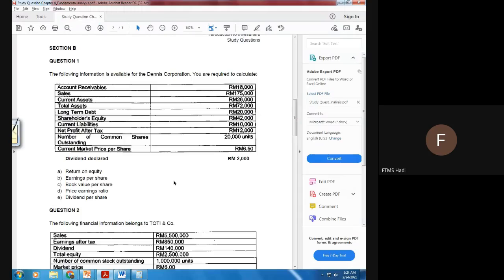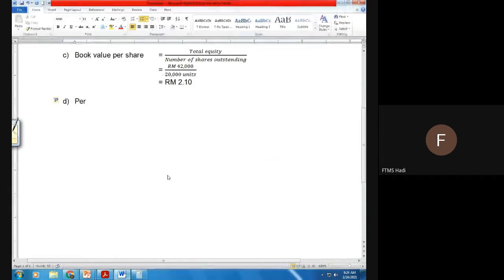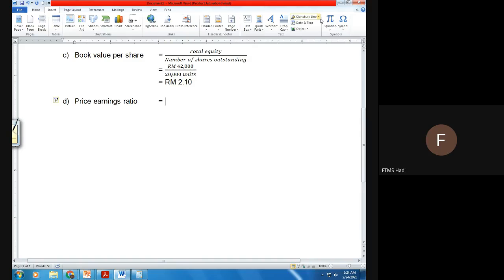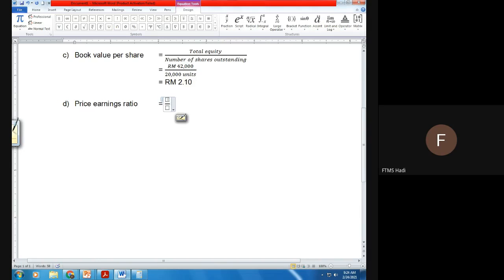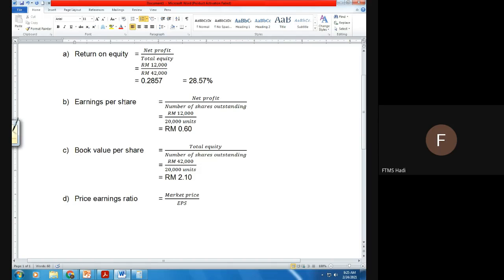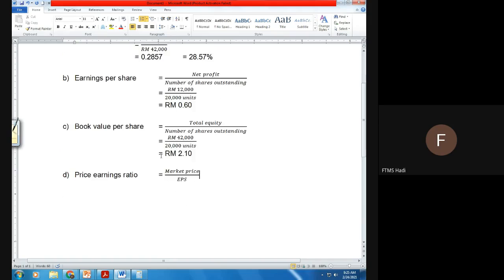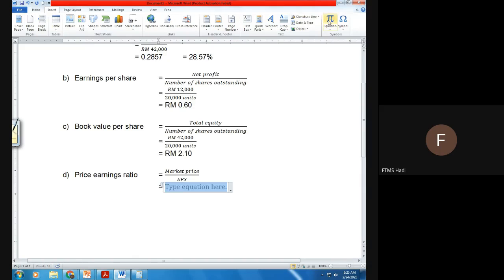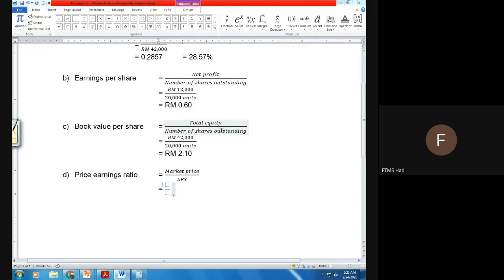Okay, next question. Price earnings ratio. The formula is market price divided by EPS. EPS is already here, as you can see, at answer B. So what you have to do is find the market price.